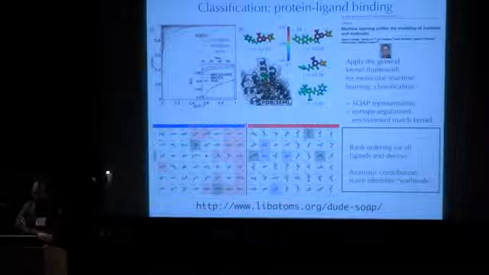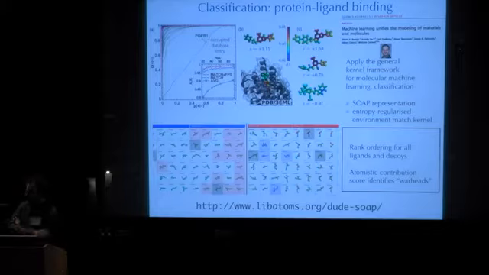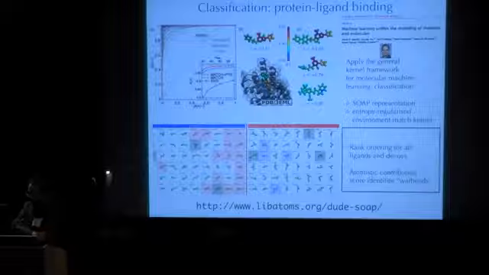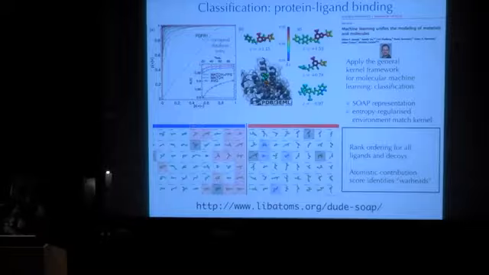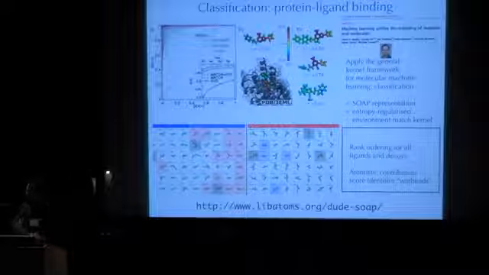You take a protein and you collect from experiment whether particular drug-like molecules bind or not, and you say yes or no. Then you can ask, if I give you another 1,000, can you rank them based on that? With this SOAP kernel, this turns out to be really quite successful.